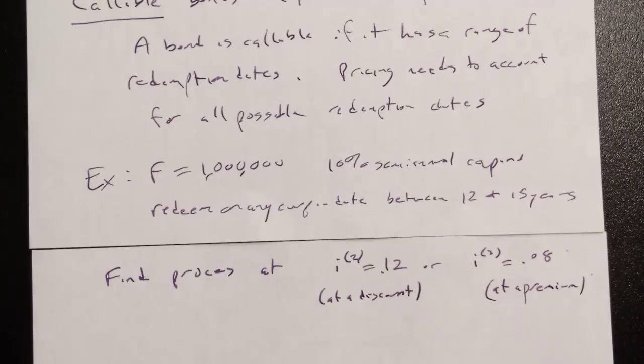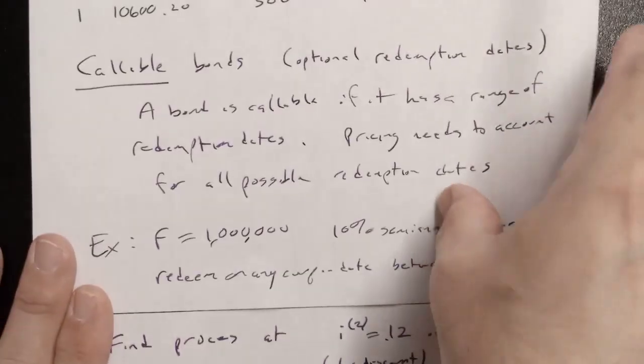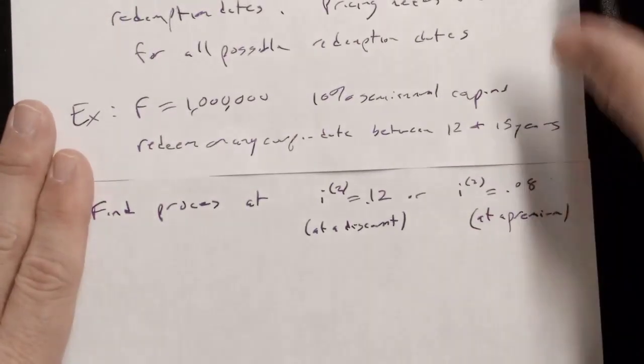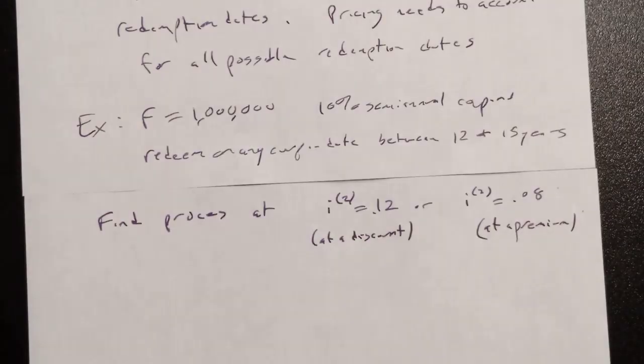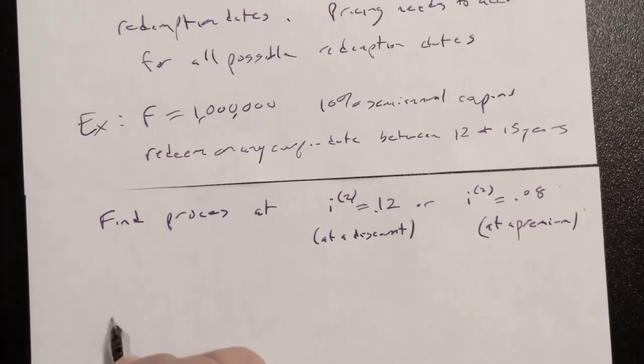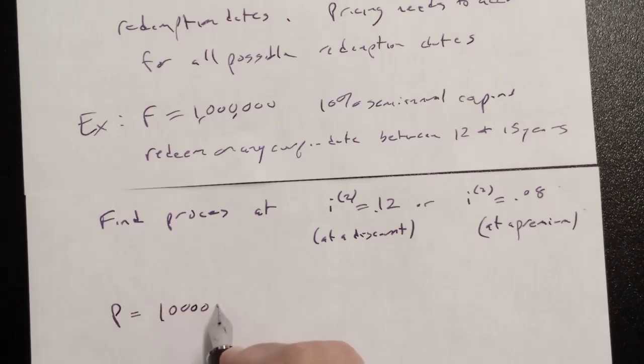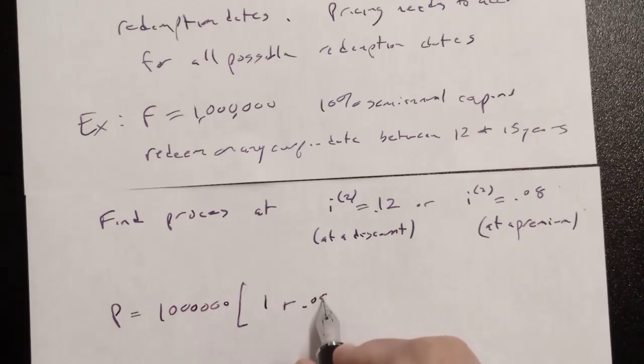Now, the problem is from a calculation standpoint, this is boring. I'm really going to do the following calculation a lot. I'm going to do P equals 1 million times (1 plus 0.05).